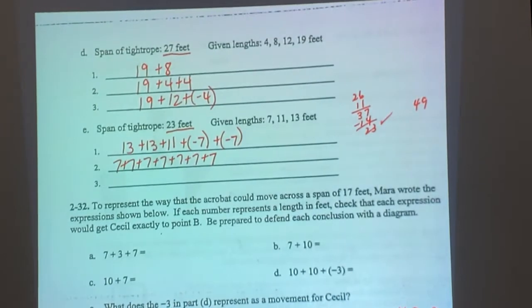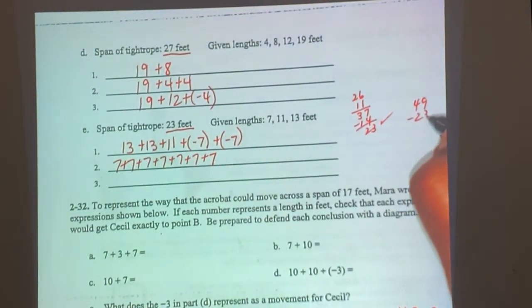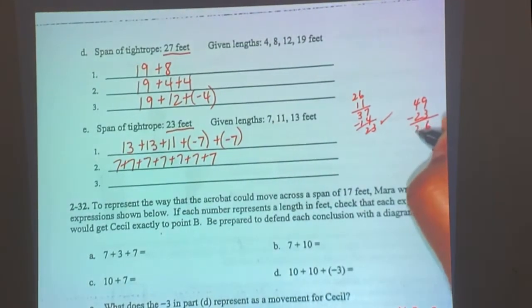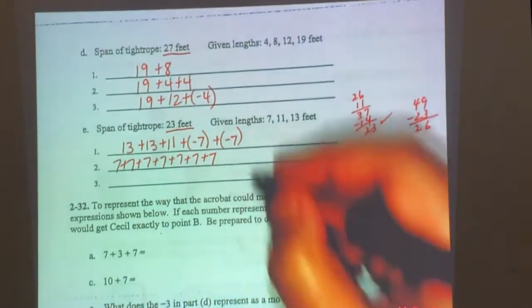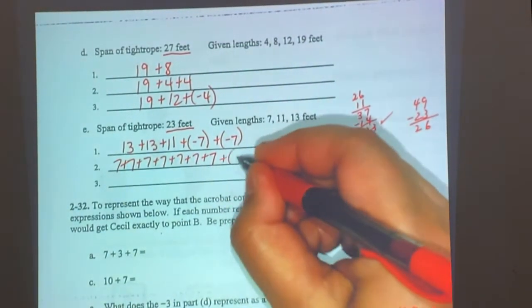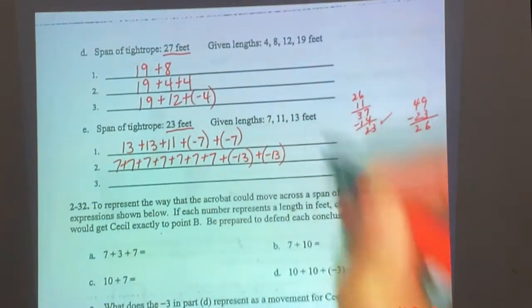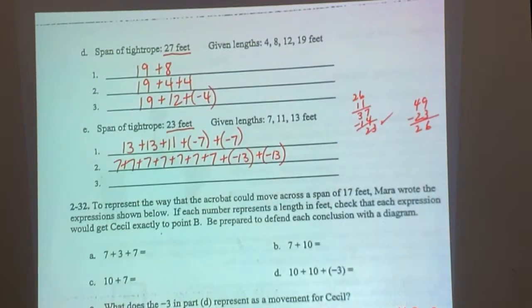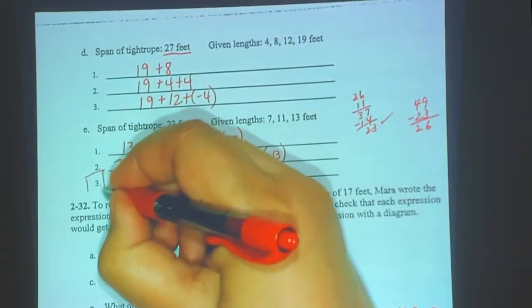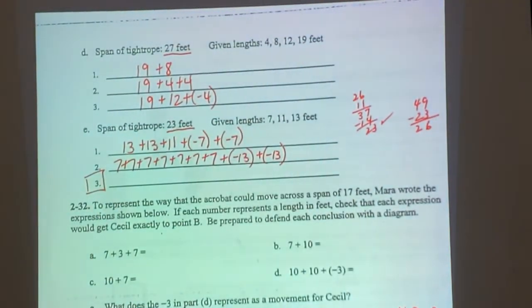So how do I go from 49 to 23? I have to get rid of 26, so let's subtract 13 and 13. Okay, and if you want the answer to this one, you need to watch the video.